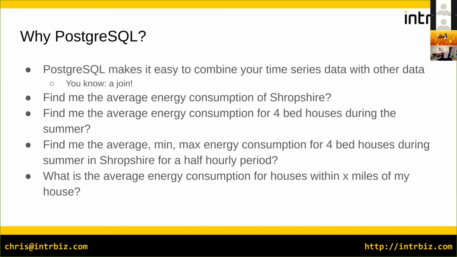So it's really easy for me to ask that system, what's the average energy consumption of Shropshire? We know the number of properties in Shropshire, and we know the bounds of Shropshire. We can do that geographic join with Postgres. It's an arguably quite complex question that with other data systems would be extremely complex to write. You'd probably have hundreds of lines of application code, whereas in SQL you can do that in like 3 lines.